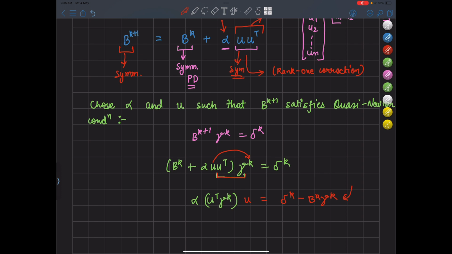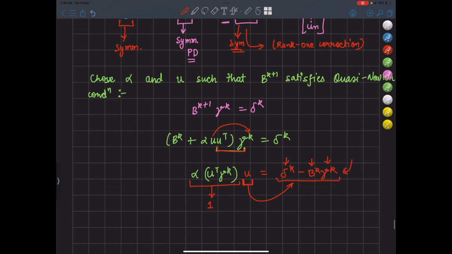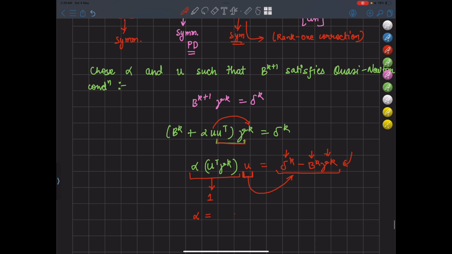One of the simplest ways is we choose u to be the whole of this right side. So given bk, gamma k, delta k, we choose u to be delta k minus bk gamma k, and we choose alpha to be 1 upon u transpose gamma k. Please note, u transpose gamma k is a real number, so this is possible.